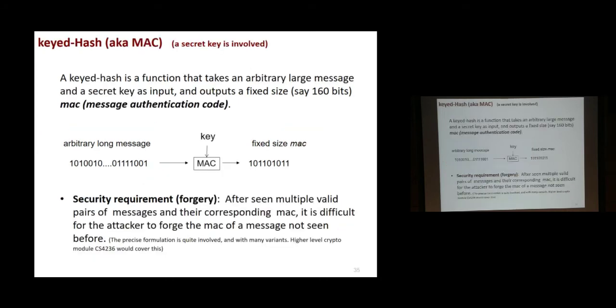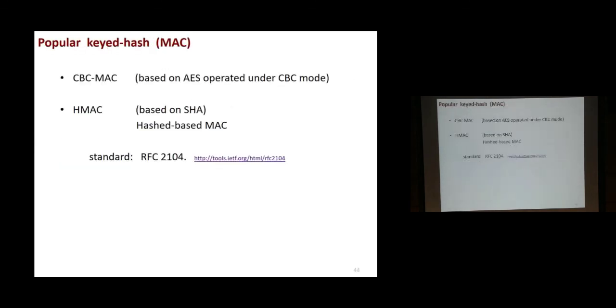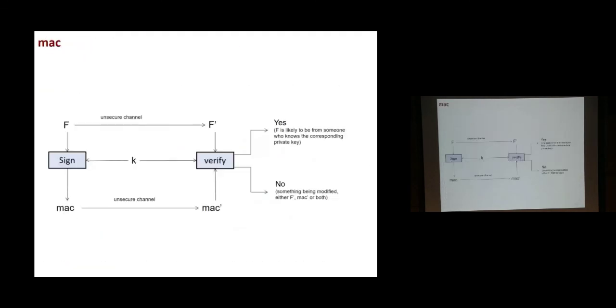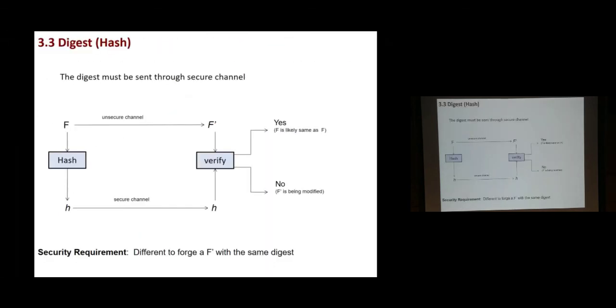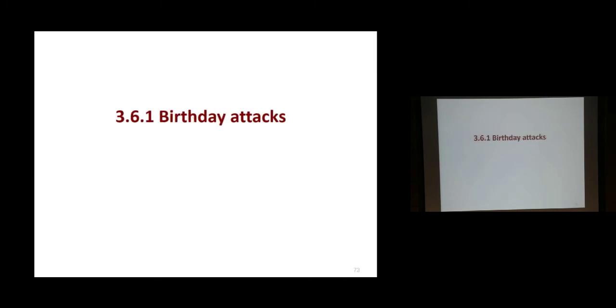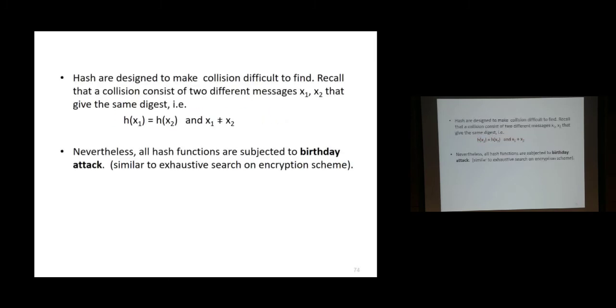And how do you find collisions? This leads to an attack we call birthday attacks. So we say hash is to make collisions difficult. Then how do you find collisions?